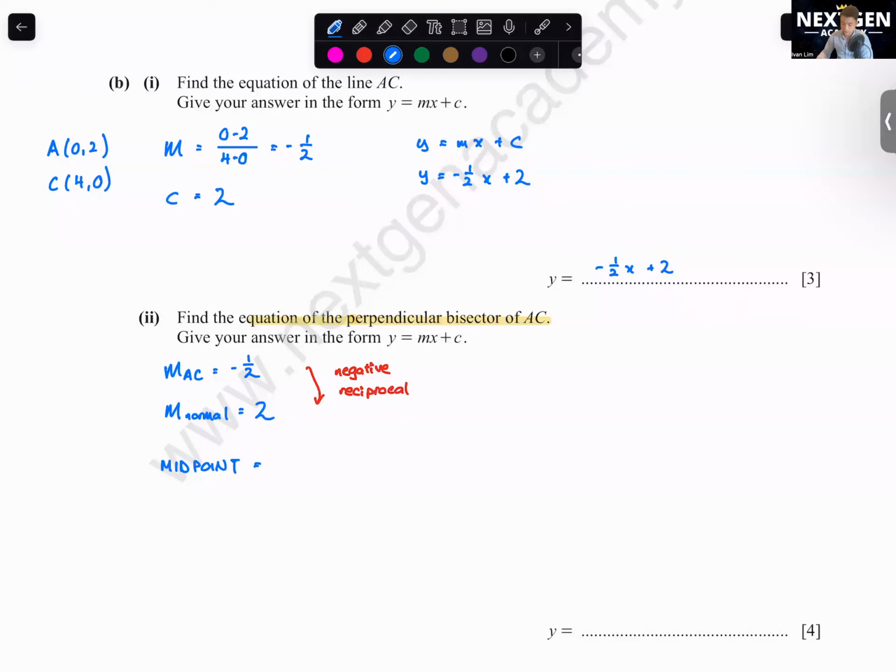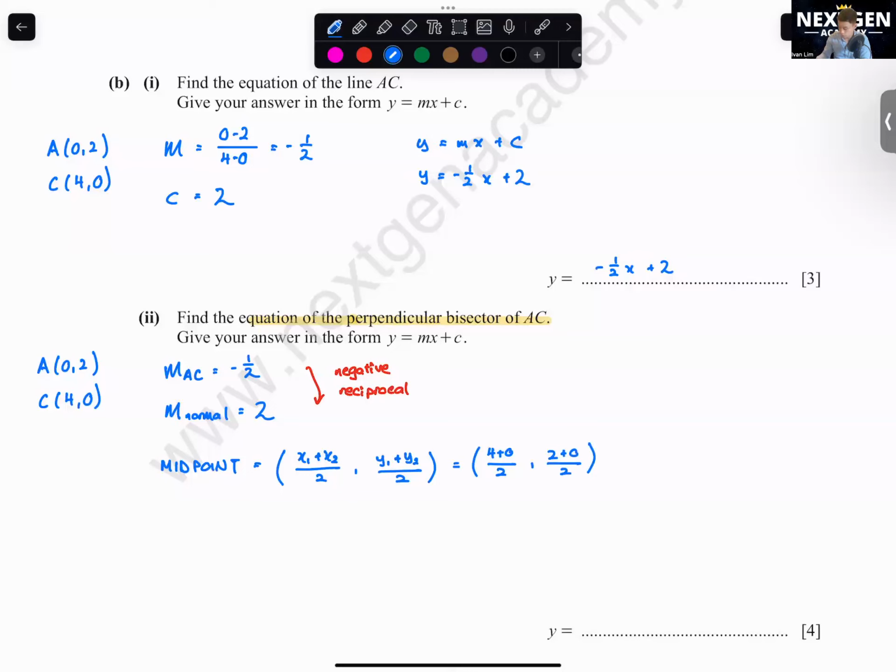Midpoint of AC, we are still using this same point here. x1 plus x2 divided by 2. y1 plus y2 divided by 2. Okay, which will get 4 plus 0 over 2. 2 plus 0 over 2. Okay, you get 2, 1.